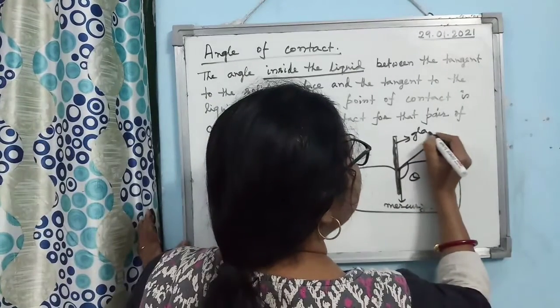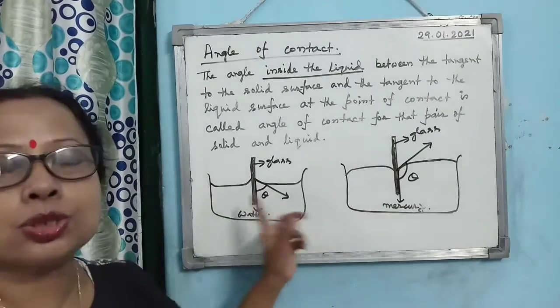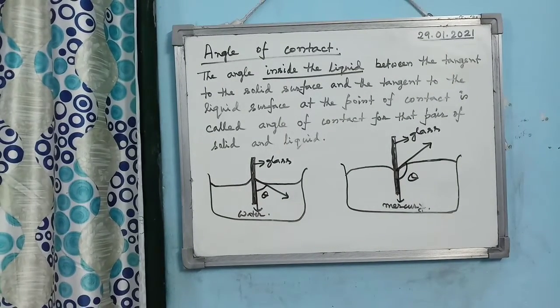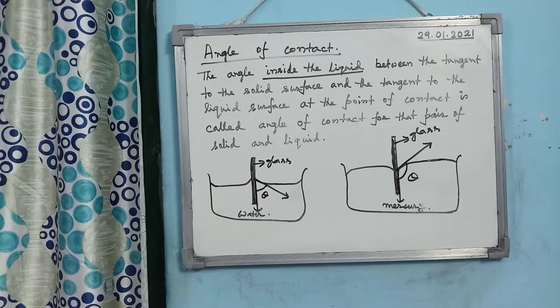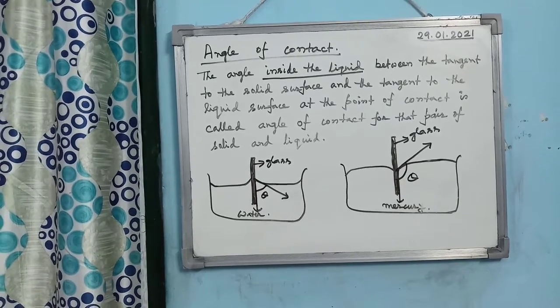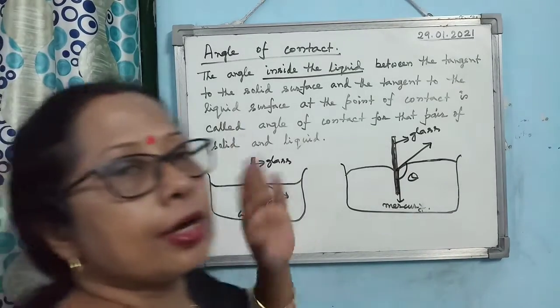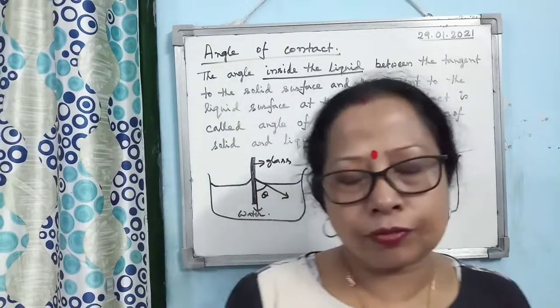So the definition of angle of contact and these two diagrams are very important for your exam. So you must learn, practice and remember the concept of angle of contact. Regarding the angle of contact, you have to remember three facts.